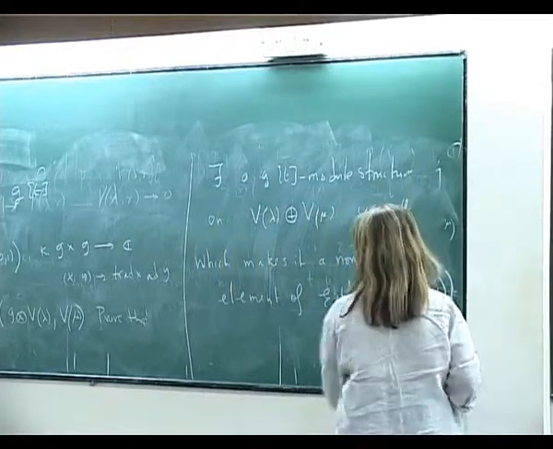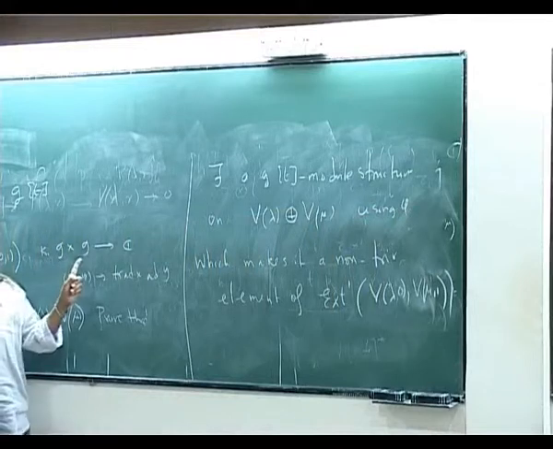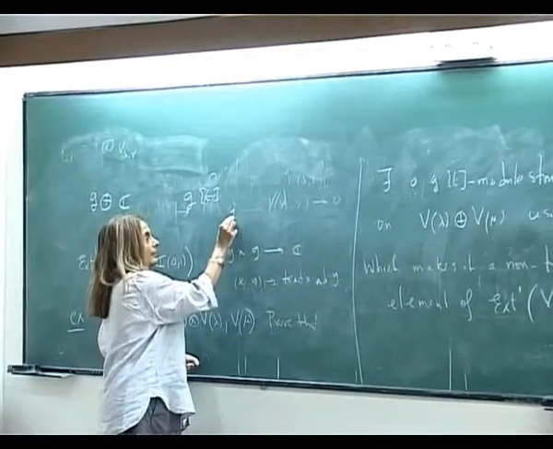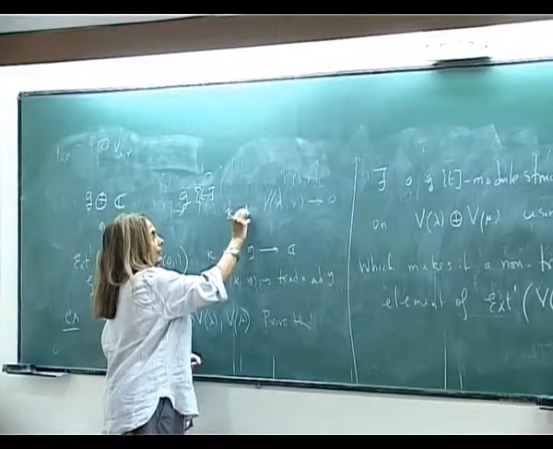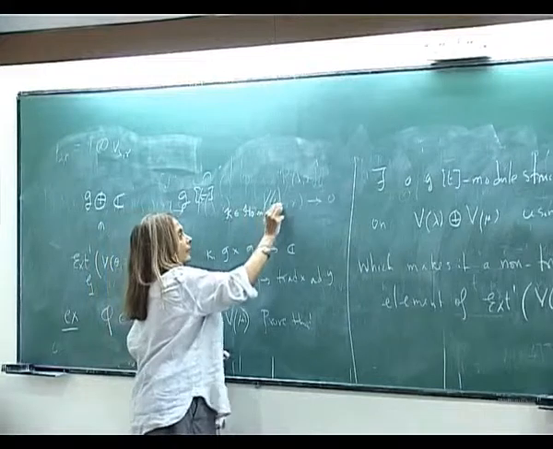I'll make one more comment. This kappa is the Killing form from G cross G to C. You can think of kappa as an element in this space.